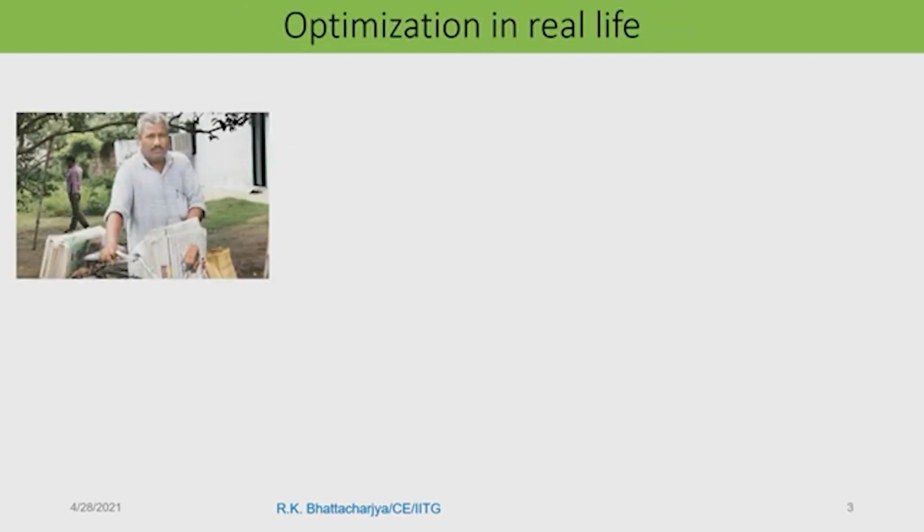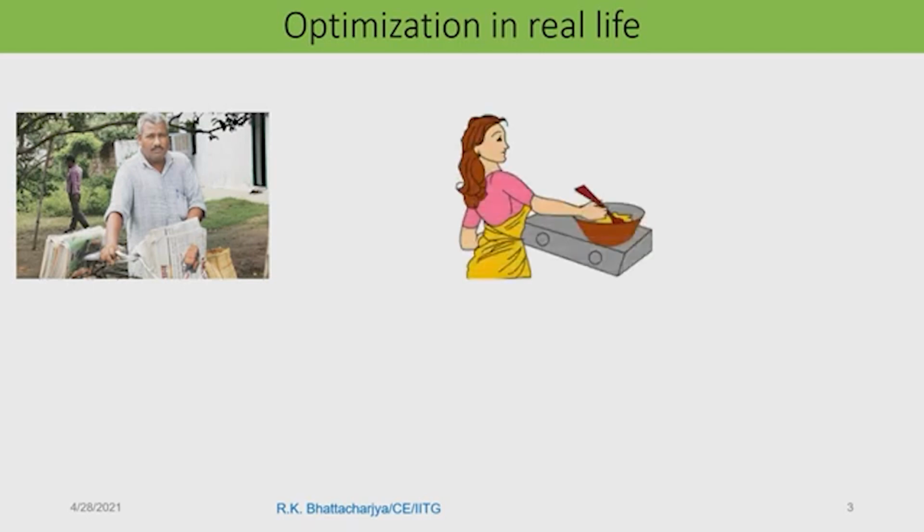One of them is this person, he is a newspaper hawker. What he is doing basically is distributing newspaper in a colony. Now, the question is whether he is using optimization. I will discuss that. Then the second example is that a lady is preparing some food, or you can say she is preparing some recipe.